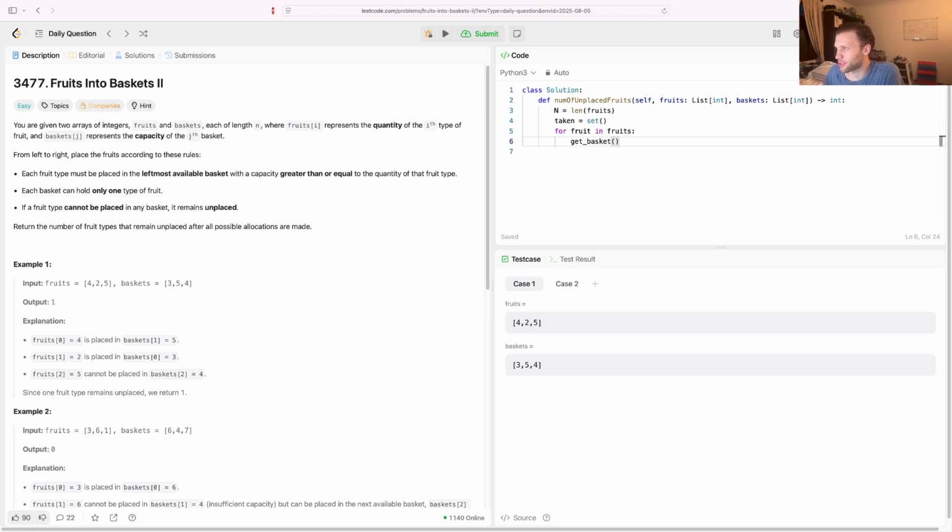And then we'll return a value or an index. So return the value and the index. And then taken is actually going to be an array now. It'll be better to hold an index array.